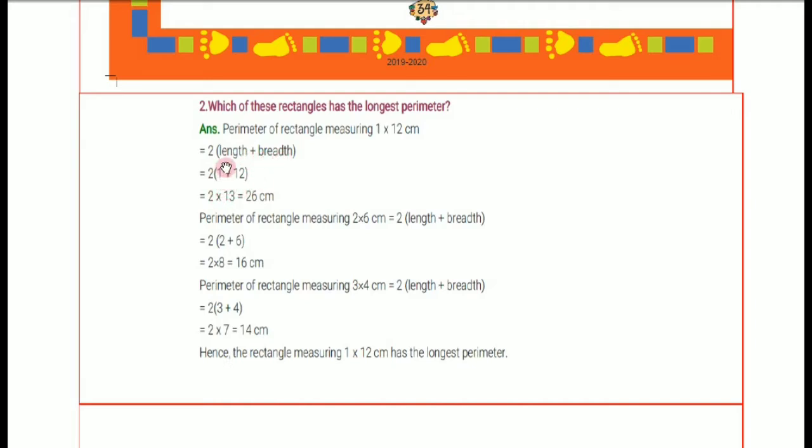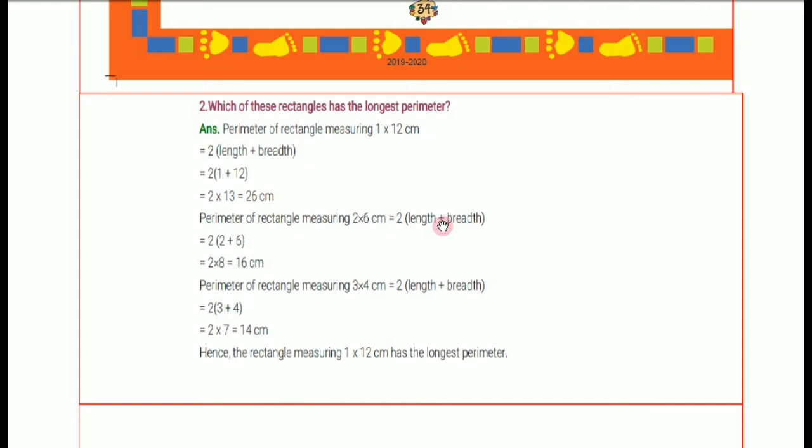Length is 1 centimeter, breadth is 12 centimeter. So first add both, 1 plus 12 is equal to 13, and then multiply with 2 is equal to 26 centimeter.